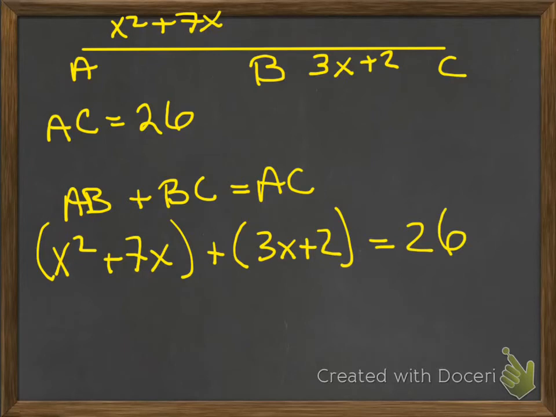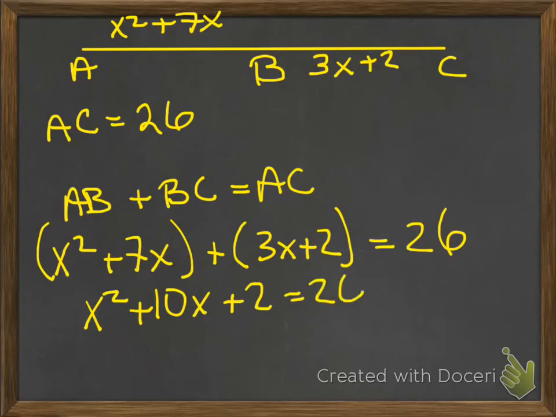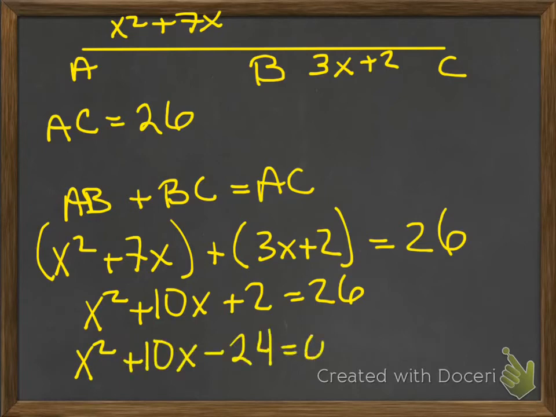Okay, so from here you're going to simplify. So we have x squared plus 10x plus 2 equals 26. Remember, if you have a quadratic, we want to set it equal to 0. So that becomes x squared plus 10x minus 24 is equal to 0.